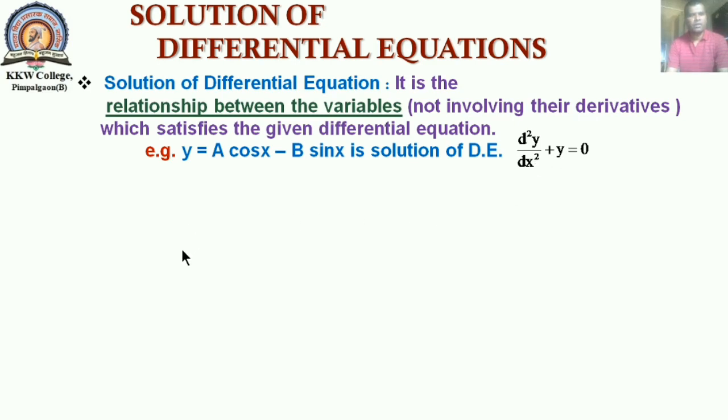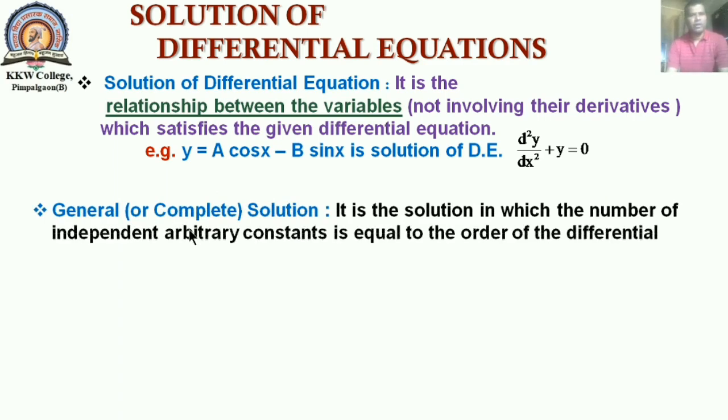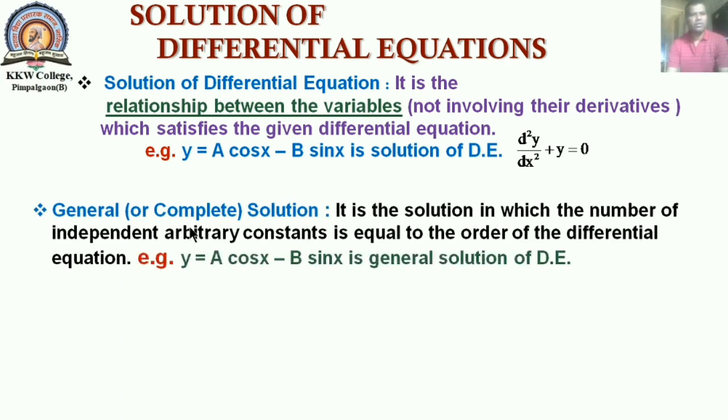There are two types of solution of the differential equation: the general solution, also called the complete solution, and secondly the particular solution. To find the general solution of the differential equation, for example, y = a cos x − b sin x is the general solution of d²y/dx² + y = 0.